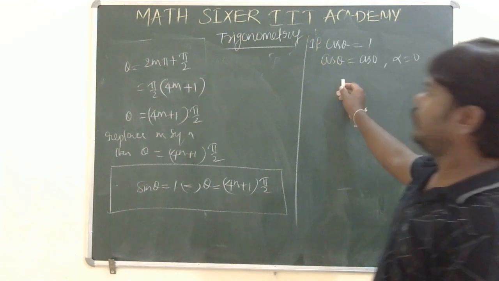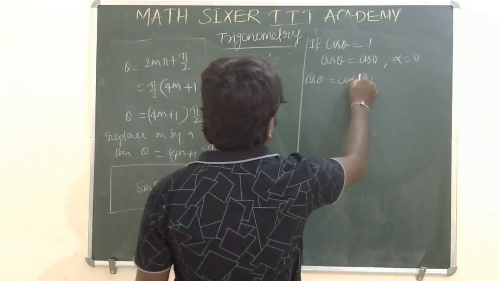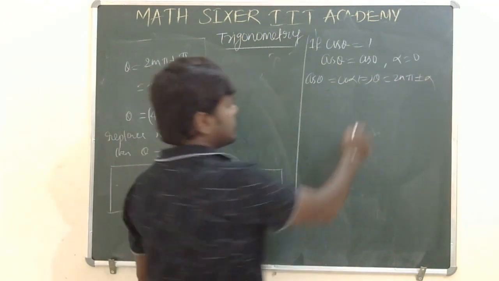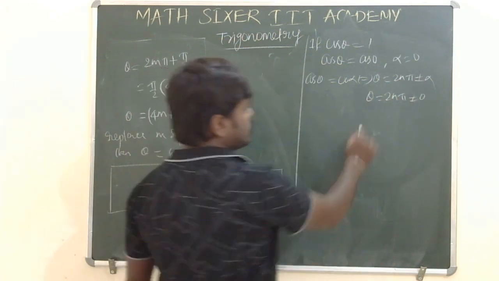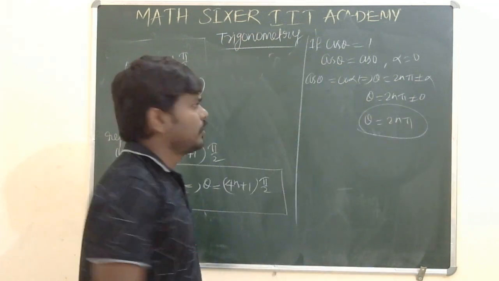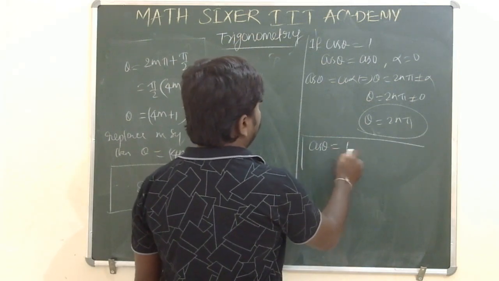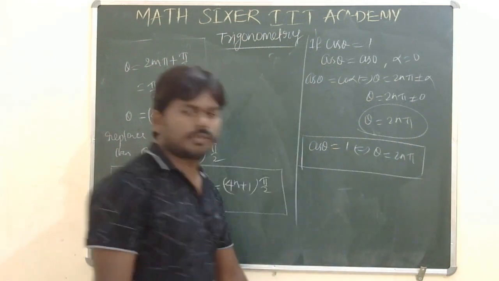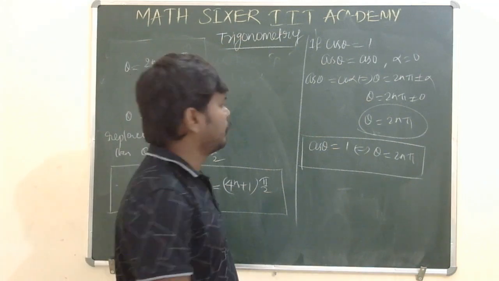As we know, cos theta is equal to cos alpha if and only if theta is equal to 2n pi plus or minus alpha, where alpha is 0. That means theta is equal to 2n pi. Therefore cos theta is equal to 1 if and only if theta is equal to 2n pi.